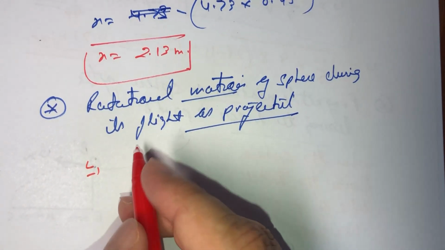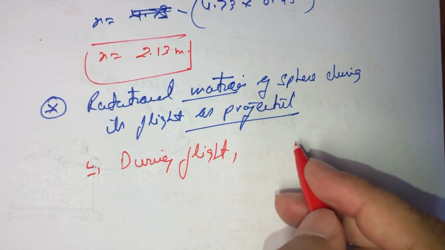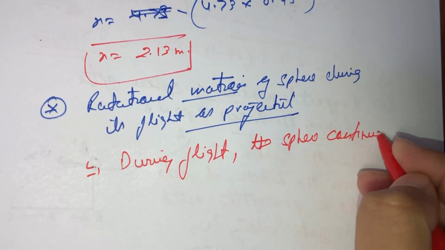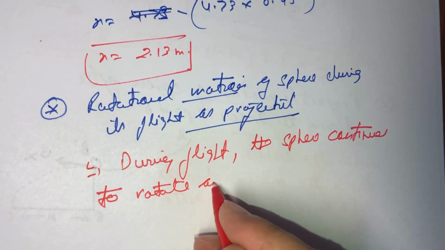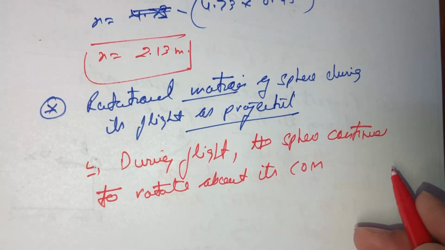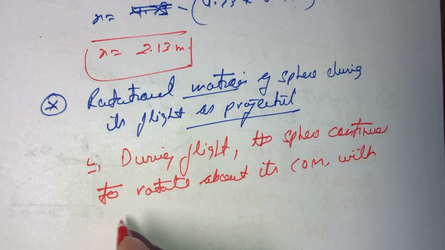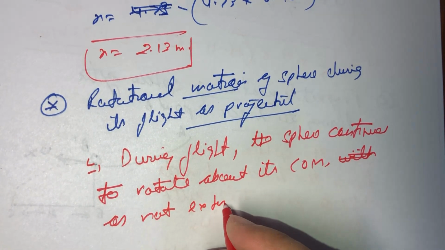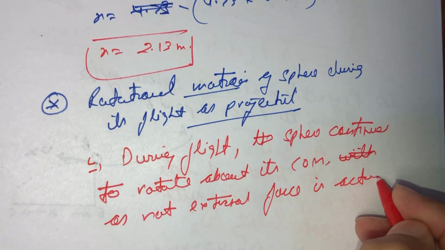So you can write that during flight the sphere continues to rotate about its center of mass with the same angular velocity as no external force is acting on it.